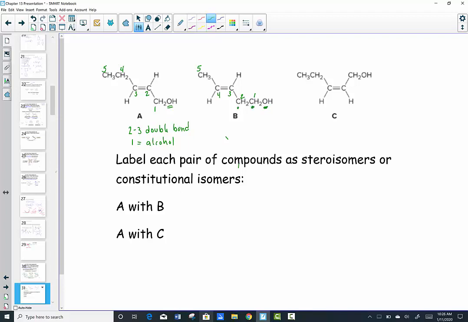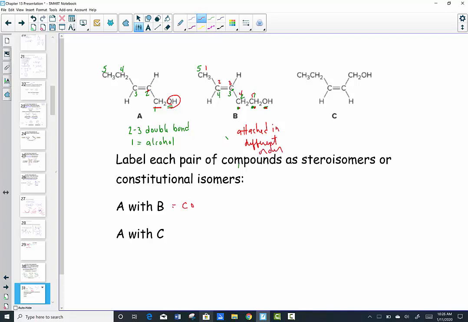Between 2 and 3 is the double bond, but the alcohol attached to 1 carbon, then the double bond. Here the alcohol is attached to 2 carbons, then the double bond. They are attached in a different order. So A with B represents constitutional isomers because of different connectivity.